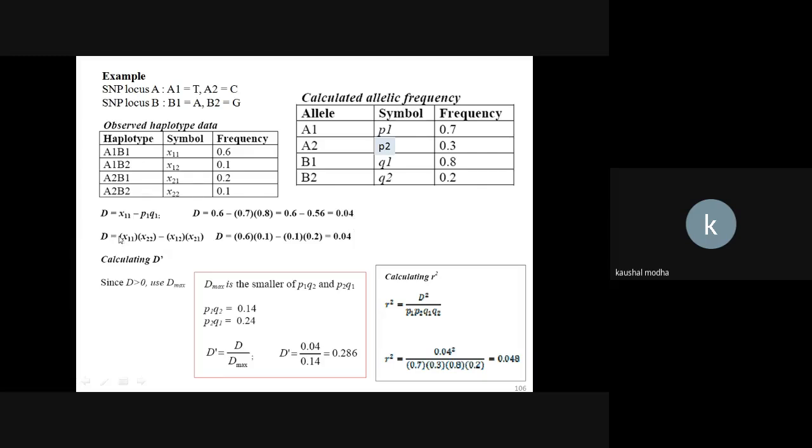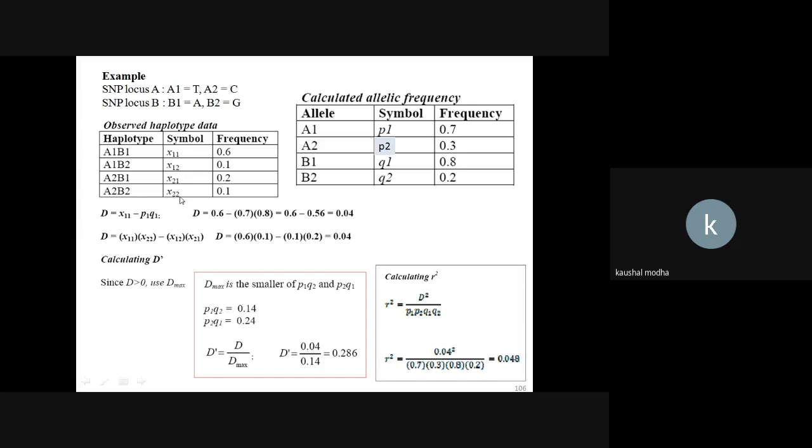We can calculate D many ways from the same data. There is another formula for D: X11 times X22, the haplotypic frequencies where A1 B1 are associated and A2 B2 are associated, minus the haplotypic frequencies of A1 B2 and A2 B1. That will also give us the same value, 0.04. We can also calculate D from X22.